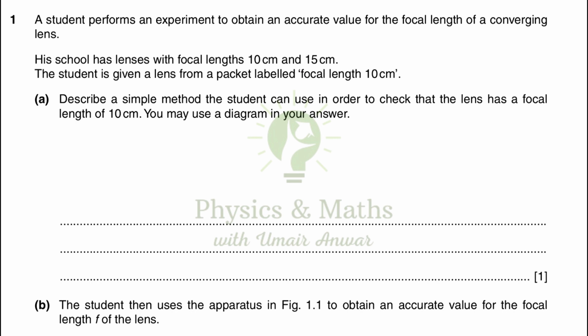So the method is very simple. What the student should do is that he or she should be using the rays of light coming from distant objects, and then place the screen at 10 centimeter to check whether the focused image of the rays is obtained or not.